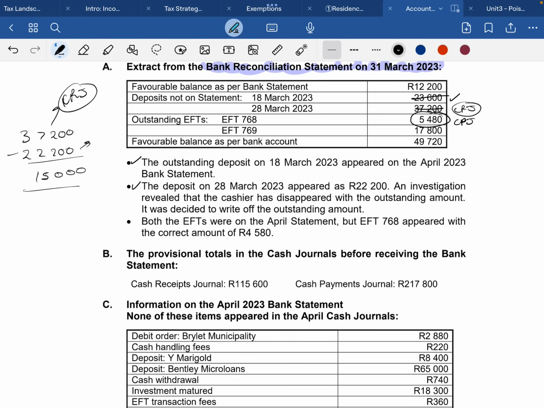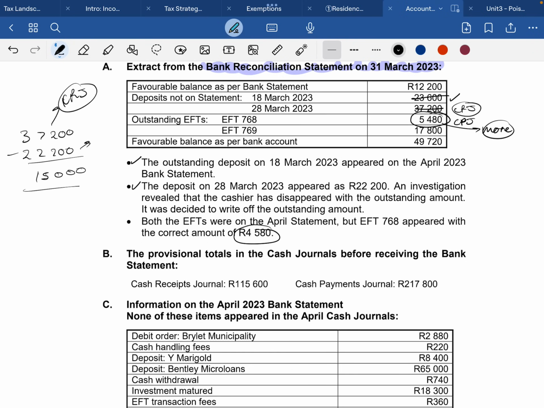And then the bank comes back to us and they say, no, you have paid 4,580. This means in our books we have recorded more. We have overstated the payment in our books. So now, for our books to match the bank statement, we want to make sure that the amounts that are recorded match, of course.